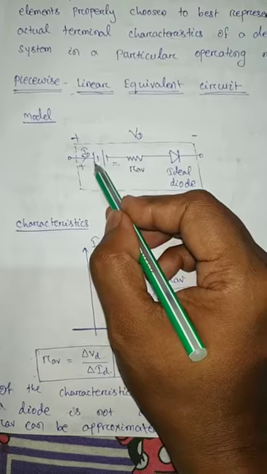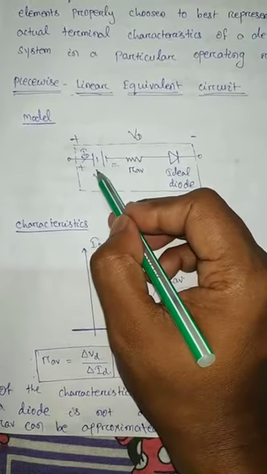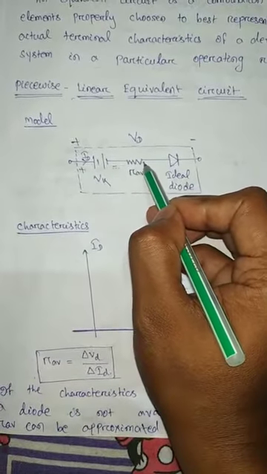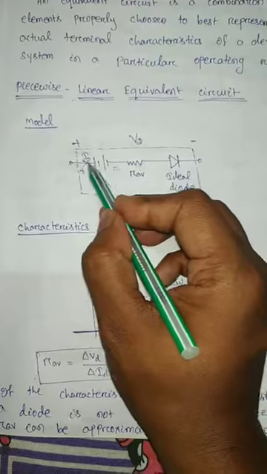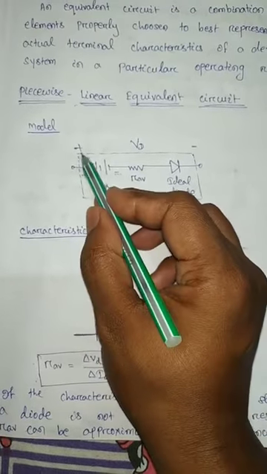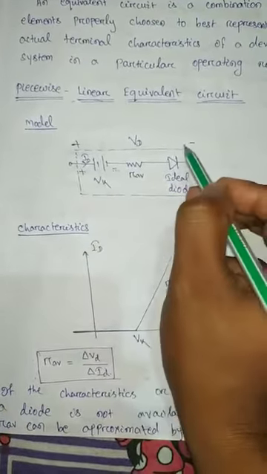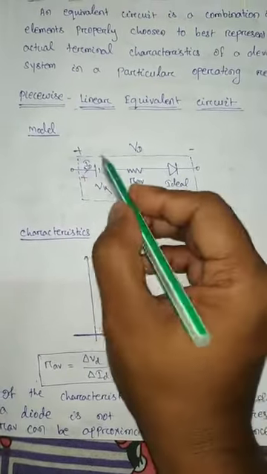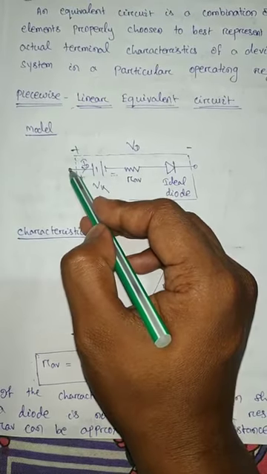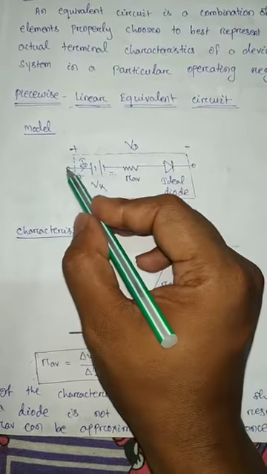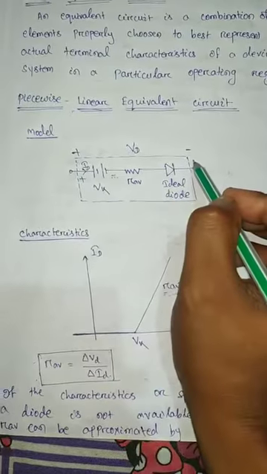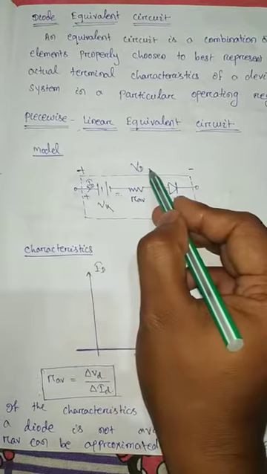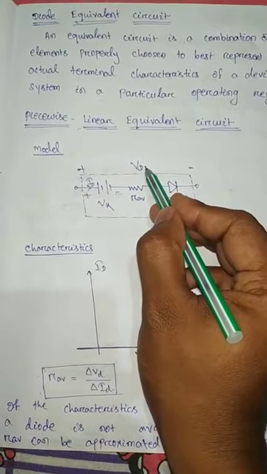The average resistance of the diode is represented by Rav. The positive side of the supply voltage is connected to this side, the negative side to the other side, and the voltage drop across the diode is Vd.